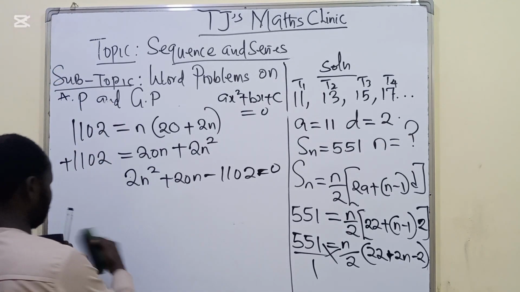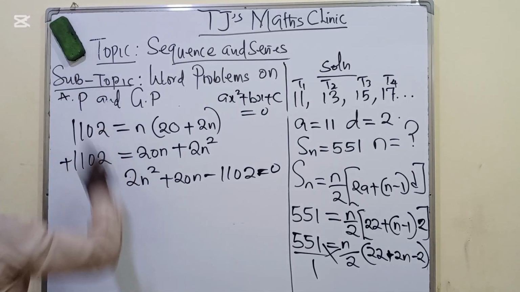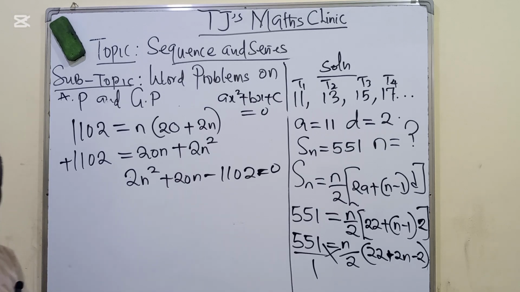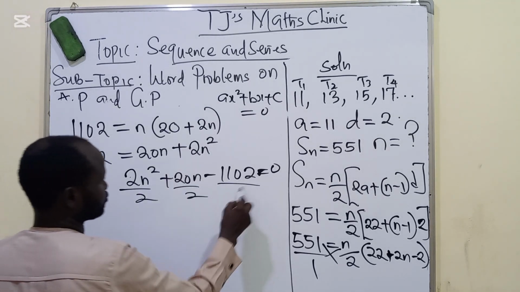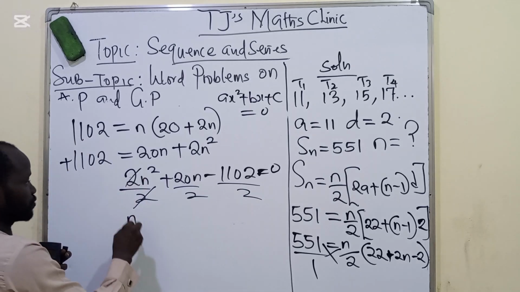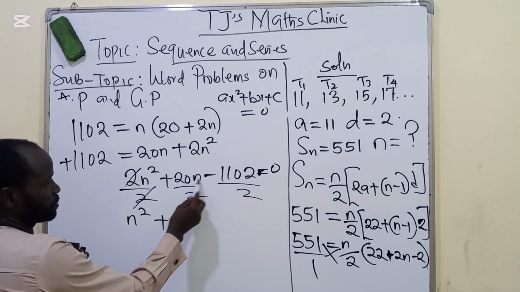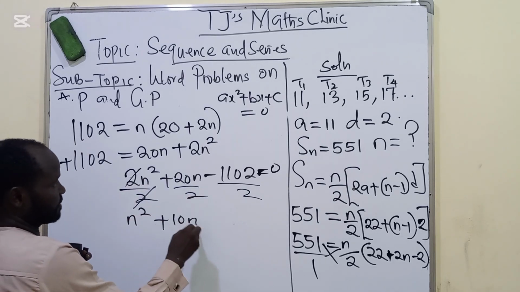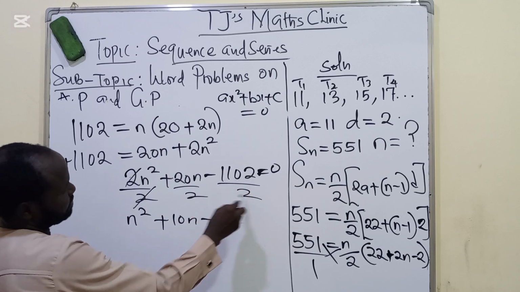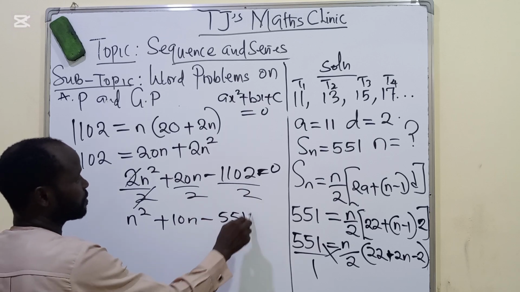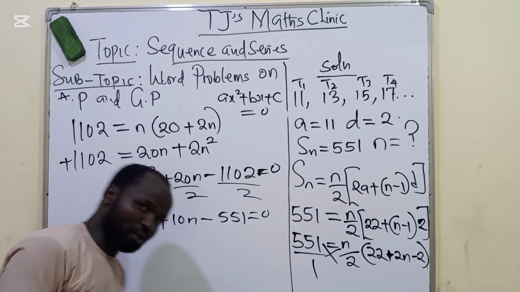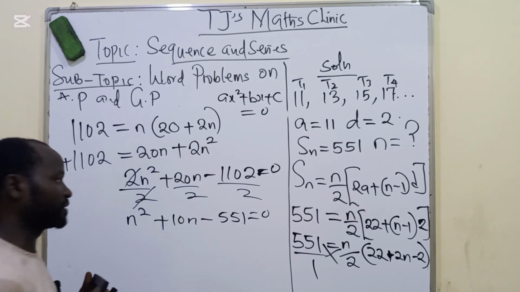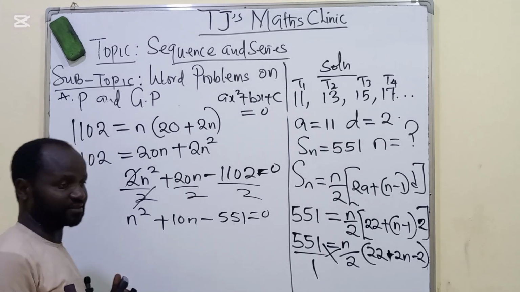Can we factorize this? Yes. Before we do the factorization, can we reduce this? Yes. Let's divide by 2. 2 is a factor, so we can reduce this. We'll have n squared plus 2n divided by 2, that will be 10n, minus 1102 divided by 2, that will be 551, equals 0. We need two factors of 551 such that when we multiply, we get 551, and when we add, we get 10.